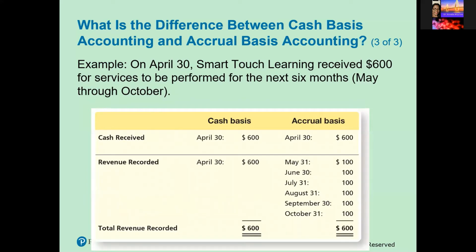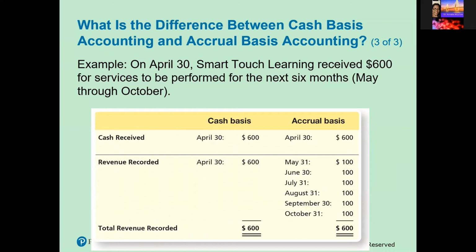Here's another example. Suppose that on May 30th, the company Smart Touch Learning received $600 for services to be performed for the next 6 months, May through October. Under the cash basis method, the company would record that $600 of revenue when the cash is received on April 30th.